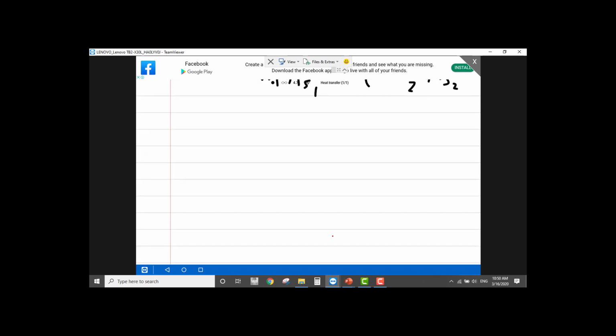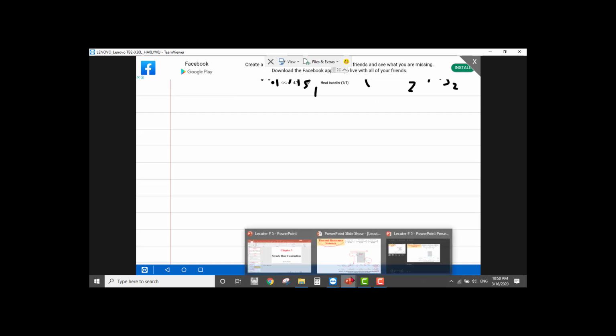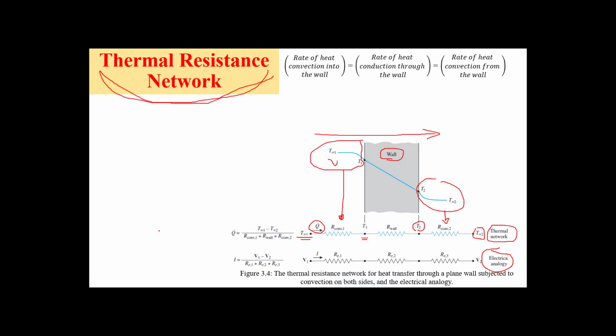Now, another important notice here is that if we are talking about current, then the current passing through the first resistance must equal the current passing through resistance 2, which must equal the current passing through resistance 3.